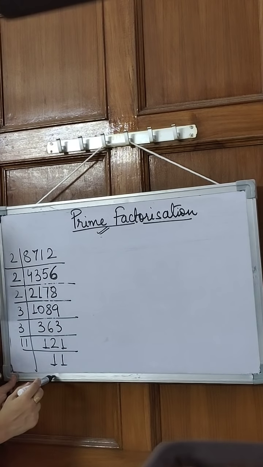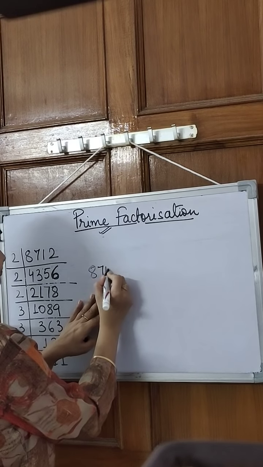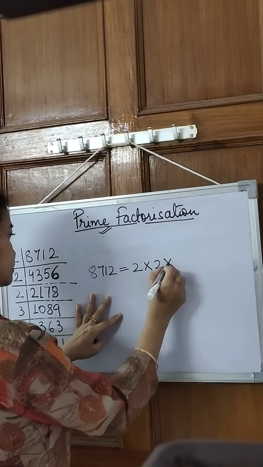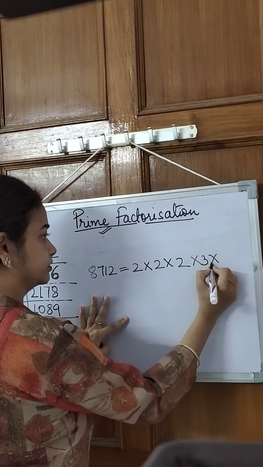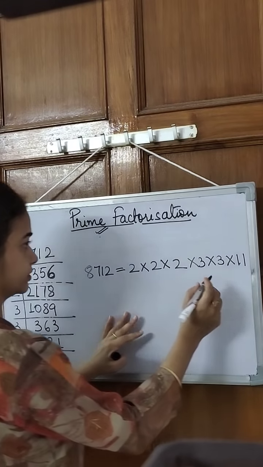So we have prime factorized this number. And what are the prime factors? It's 2, 2, 2, 3 times 2, then 2 times 3 and 2 times 11.